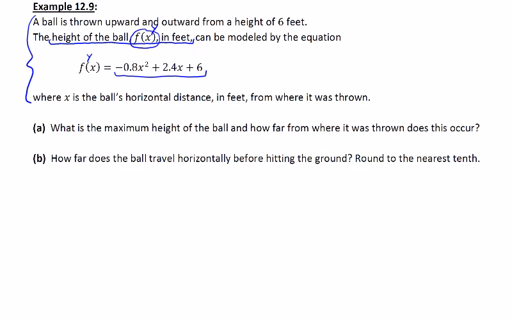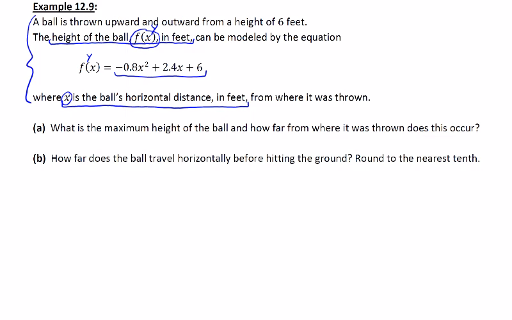So now the second little bit of this narrative, what happens after the equation, then explains what x represents, where x is the ball's horizontal distance in feet. So it gives us some insight here as to what the different variables in the equation represent. x is the horizontal distance of the ball, and f of x represents the height of the ball. So now that we have that understood, let's take a look at the actual question.